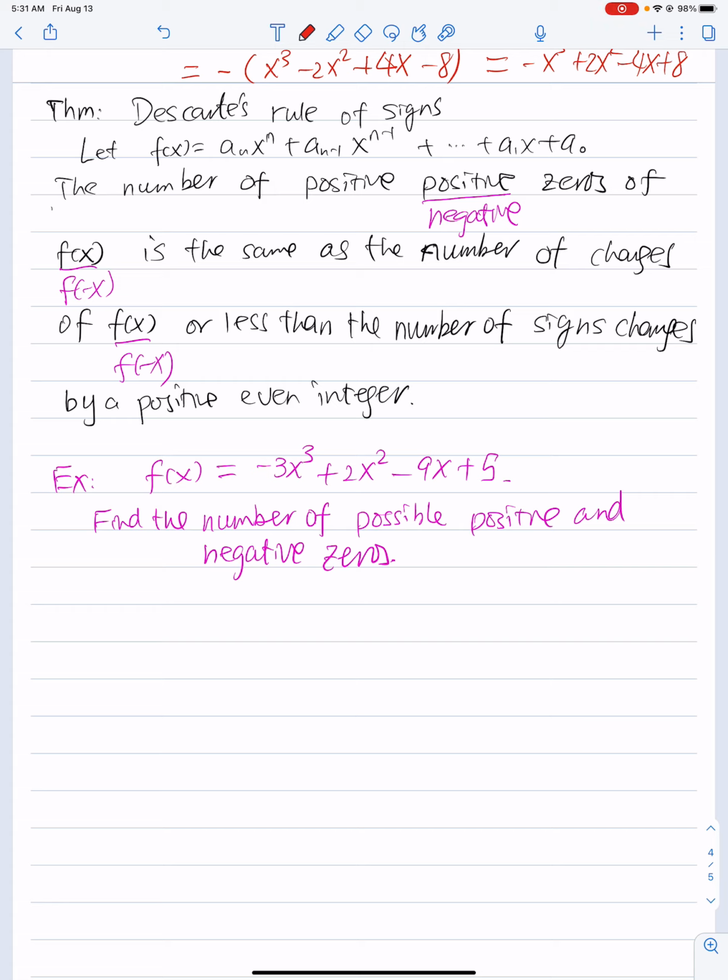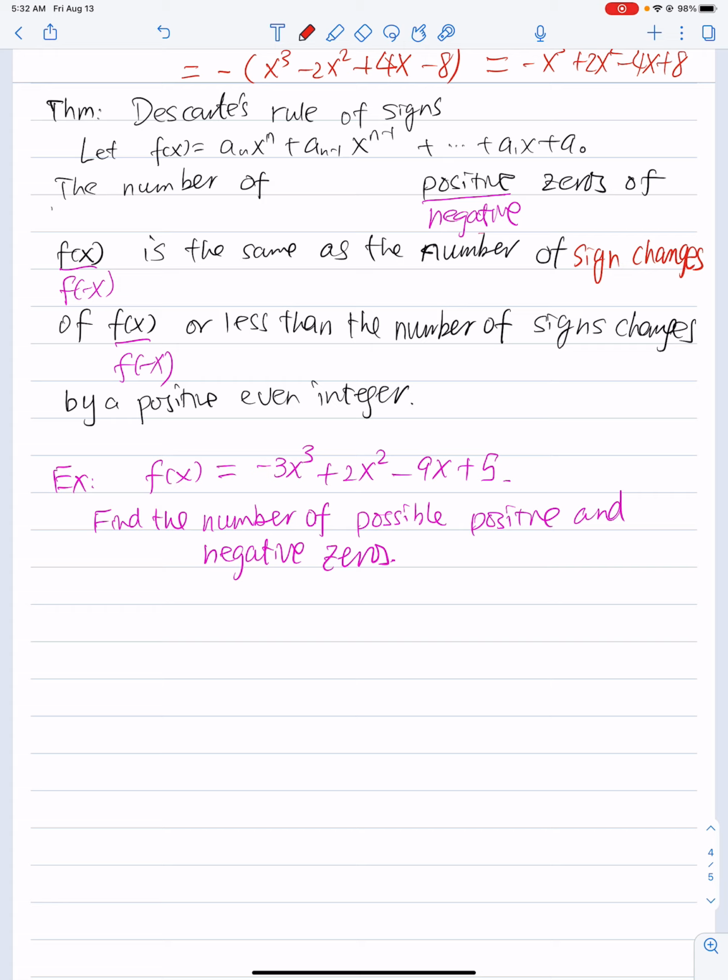The number of positive zeros of f(x) is the same as the number of sign changes of f(x), or less than the number of sign changes by a positive even number. Okay, so the number of negative zeros.